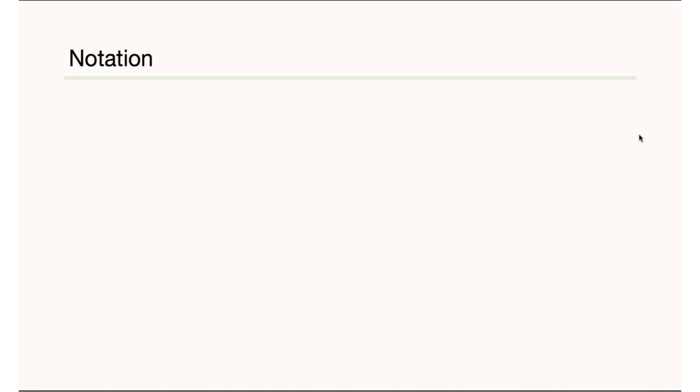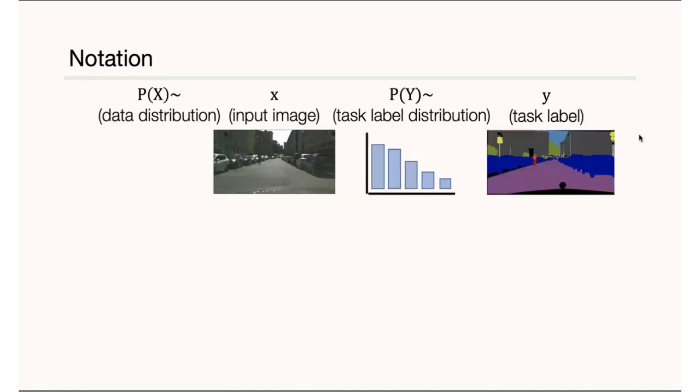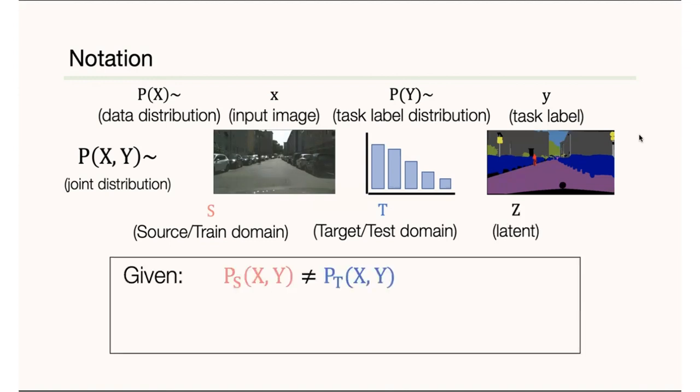Right, so just before I dive into the first project, some general notation that I'm going to use throughout. We're going to assume that we have an input image X sampled from a data distribution. Say for a task like semantic segmentation, we'll have a task label Y, sampled from a task label distribution. We have a joint distribution, and let's use S and T to denote source and target domains, and let Z be a latent variable.